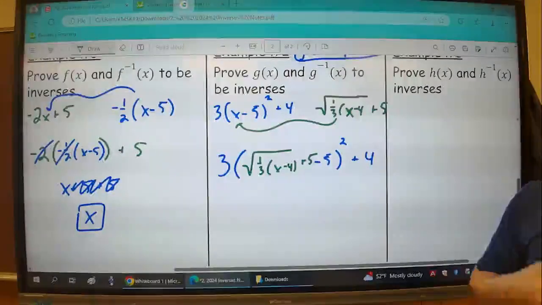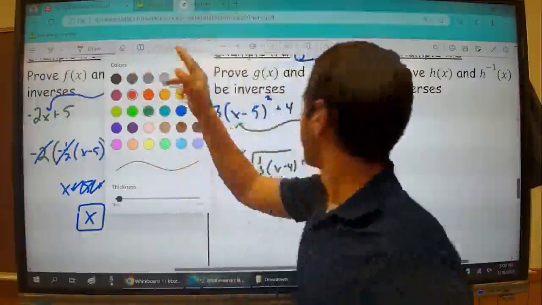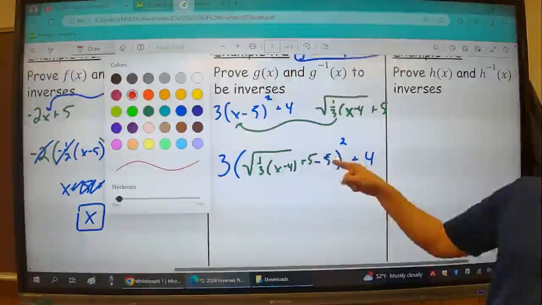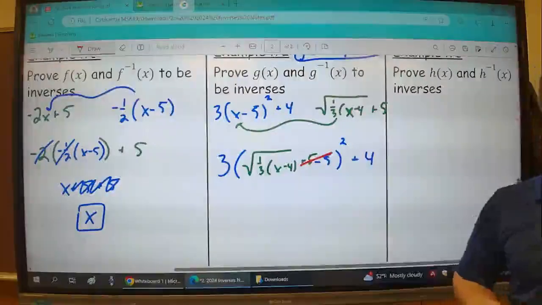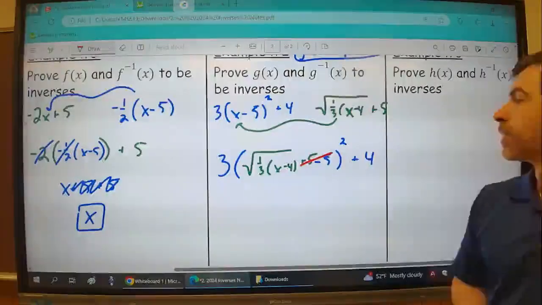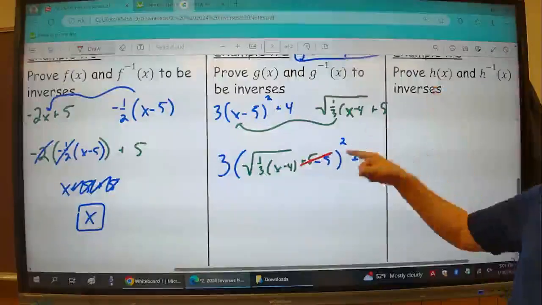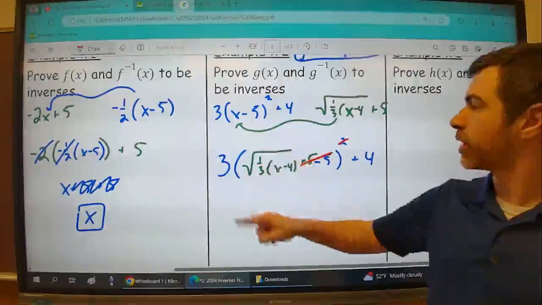And I see a couple of things right now that cancel. I see that this plus 5 and minus 5 will cancel out, because if I add 5 and subtract 5, nothing happened. I see that I have this square root getting squared. Those two cancel.